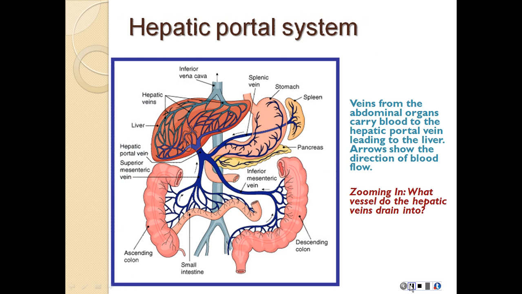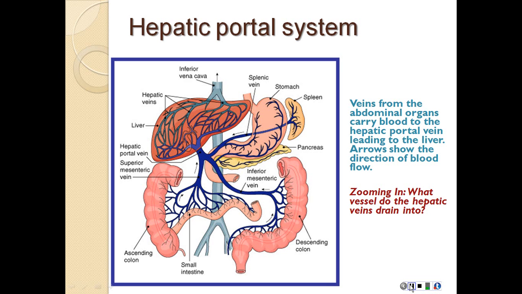All right, the hepatic portal system. So the main thing to know, again, is basically that blood leaving the heart has a purpose. It's going to the tissues to make sure those cells have adequate oxygen and nutrients. Blood leaving the tissues ends up coming back to the heart and then to the lungs, so CO2 can be expelled.